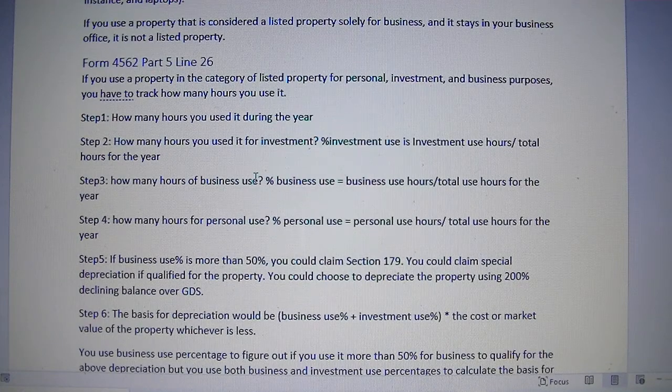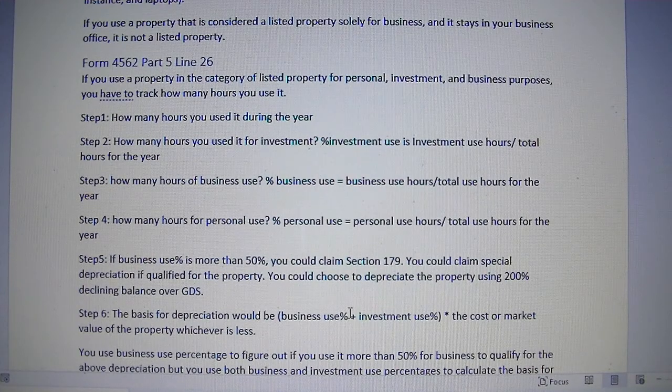And the percentage used for business is going to be the number of hours you use it in your business divided by the total number of hours you use the property during the year. And the percentage for personal use is going to be the number of hours you use it for personal purposes divided by the total number of hours you use it during the year.